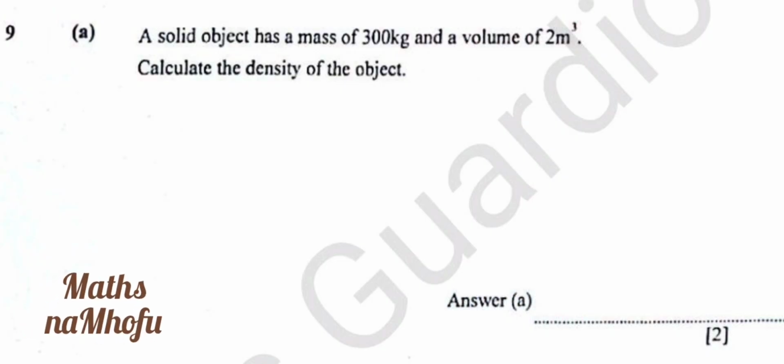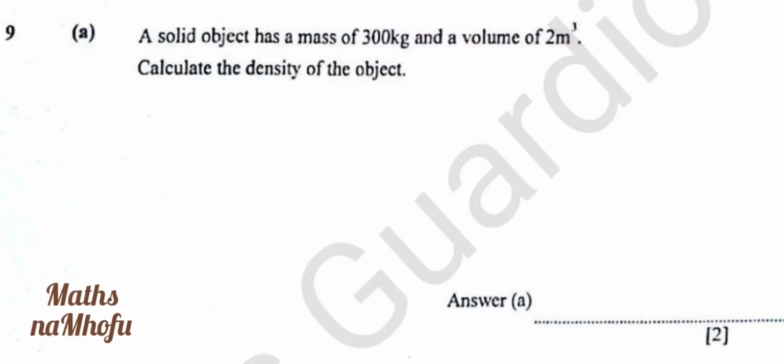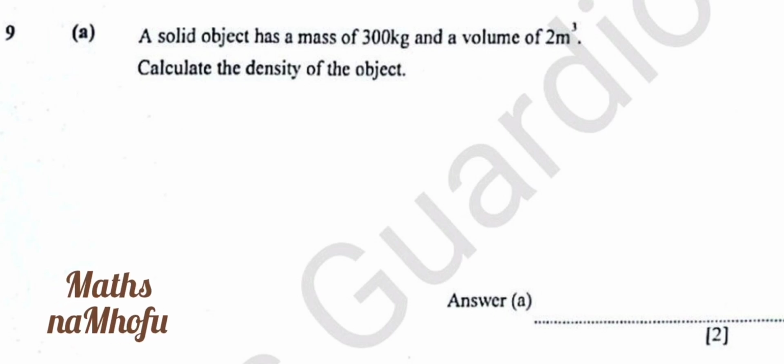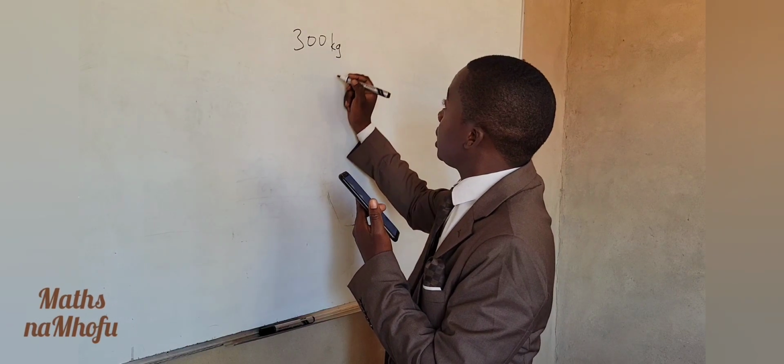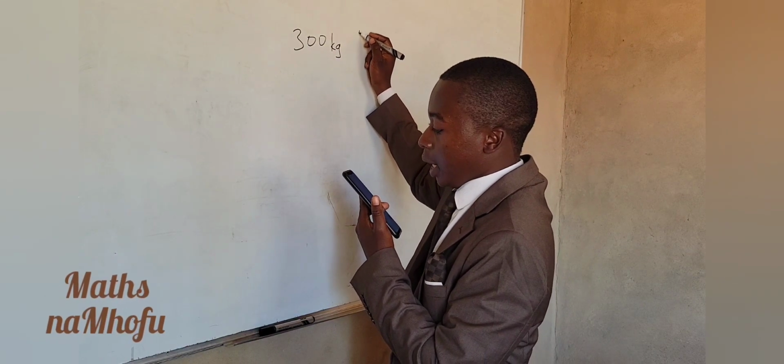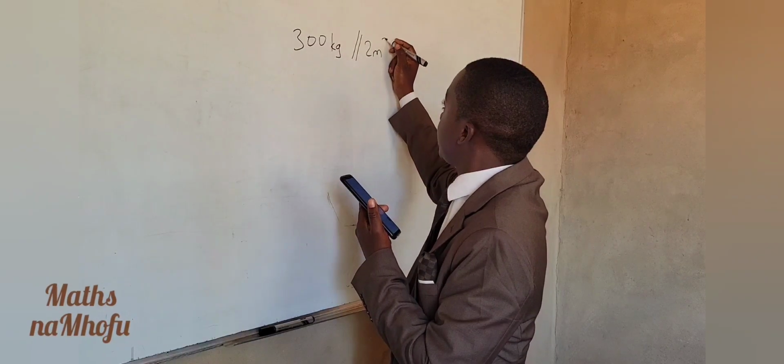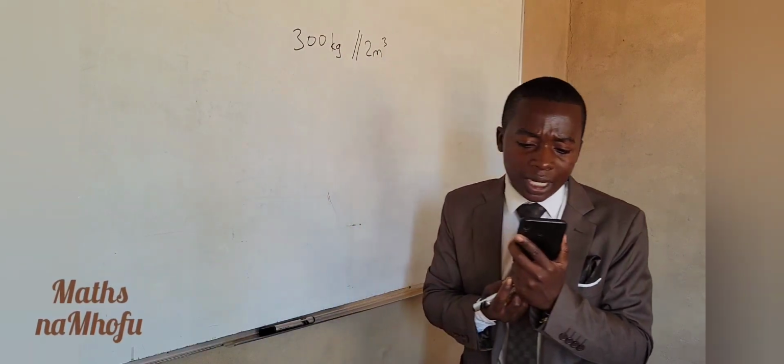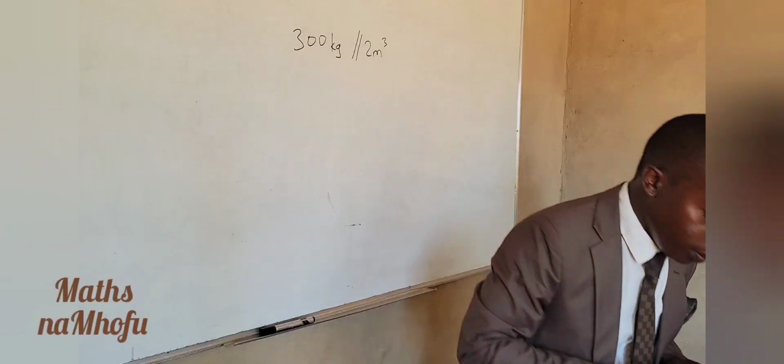which is number 9. A solid object has a mass of 300 kgs and a volume of 2 cubic meters. Mass of 300 kgs and a volume of what? 2 cubic meters. Calculate the density of the object.